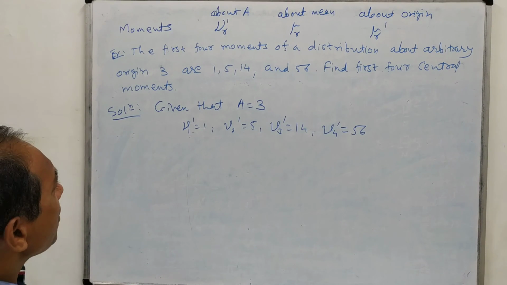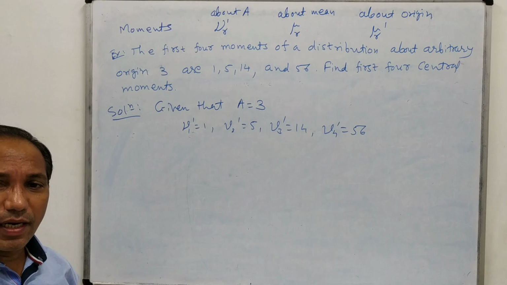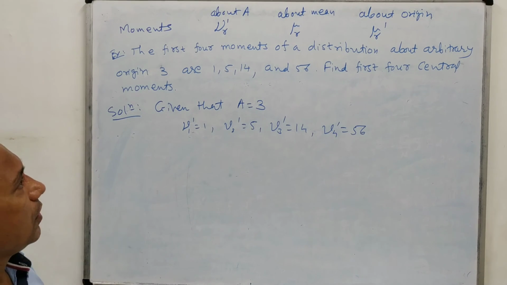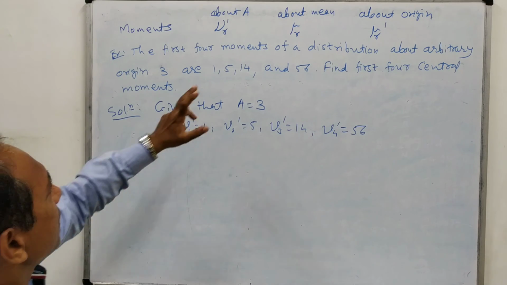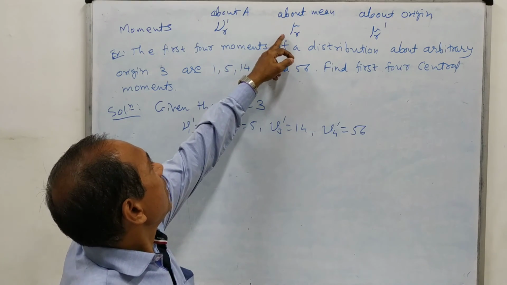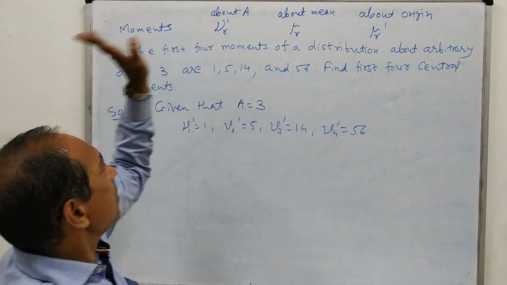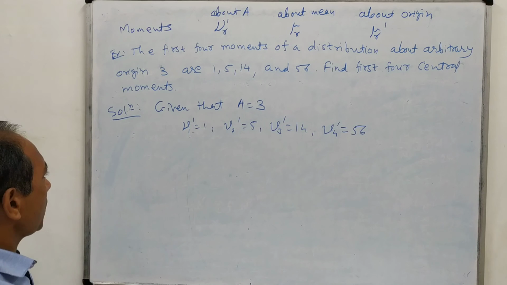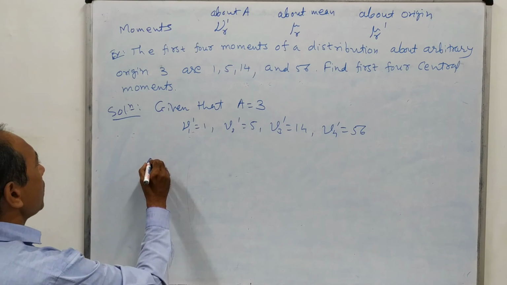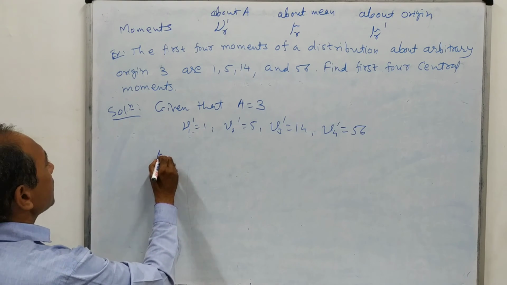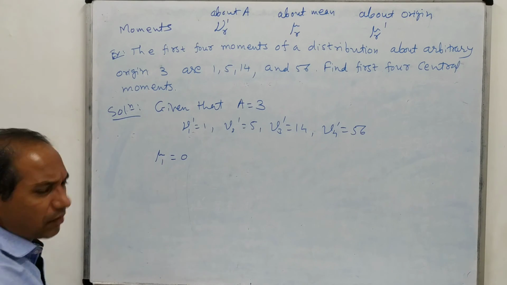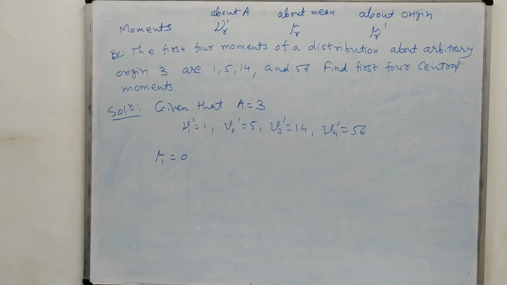So to find this, in the last lecture I have shown you the formula, that means the relation between the central moments and the moments about arbitrary origin. Okay? And what are the relations? Actually here mu1 is always equal to 0. So we don't require to find it out, mu1. We already know this one.